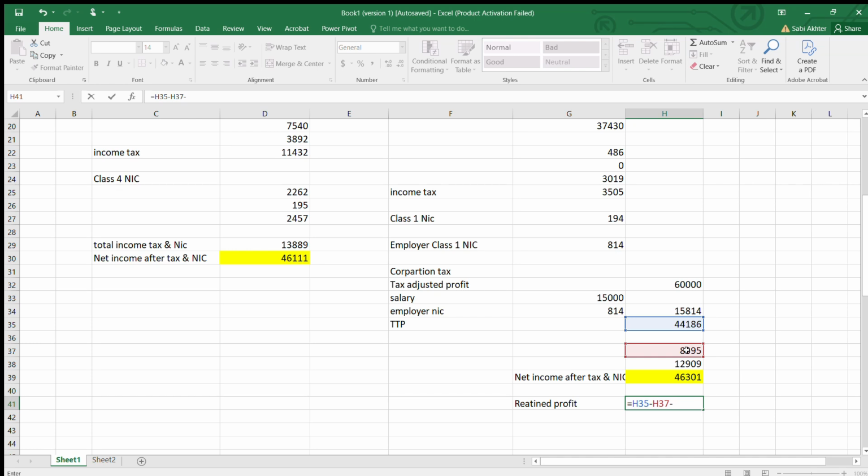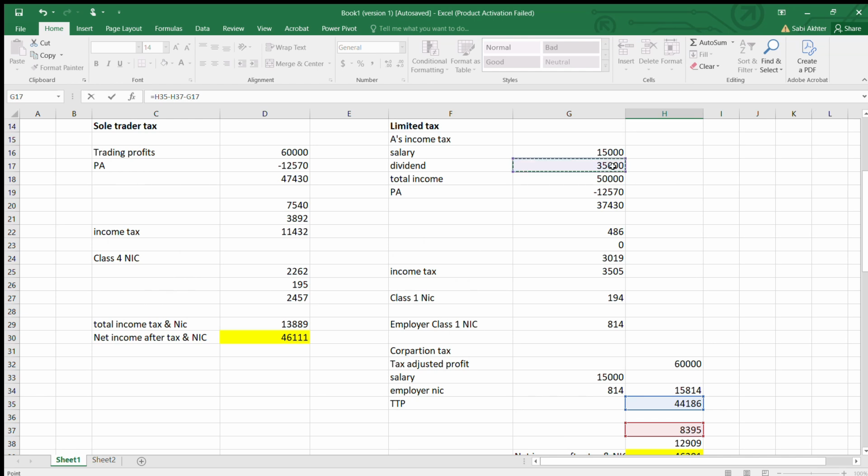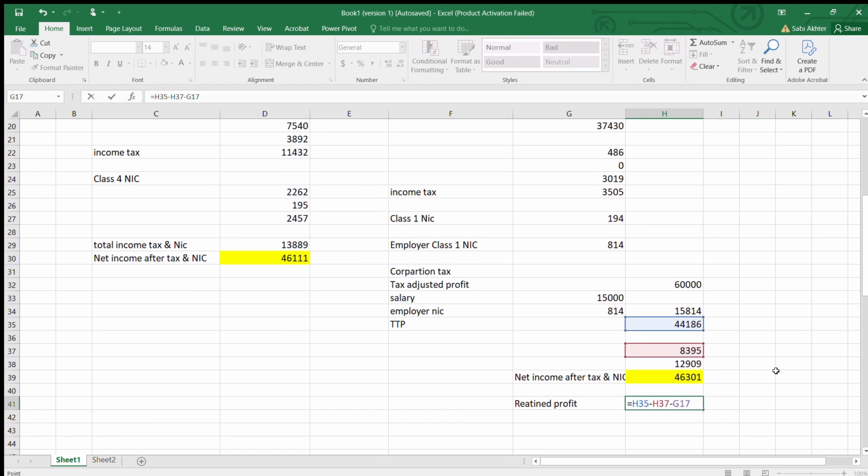This is for the company, remember, and we are going to deduct what's next? The dividend. The 35,000 dividend that is there. So dividend and corporation tax will be deducted from the TTP to get the retained profit, which is 791.